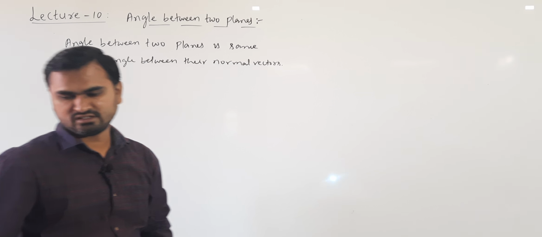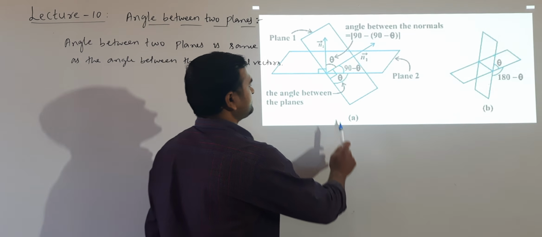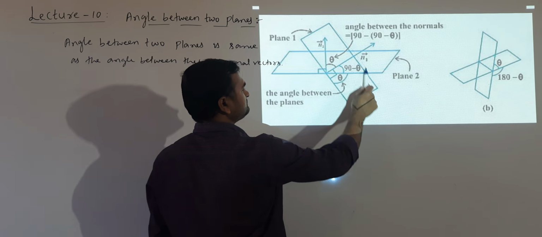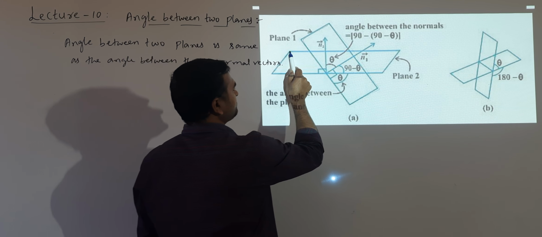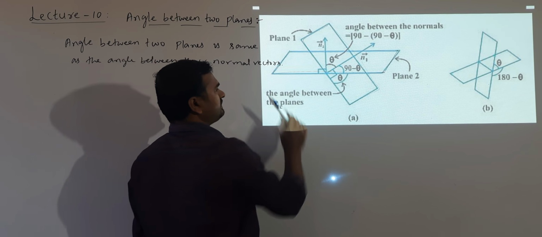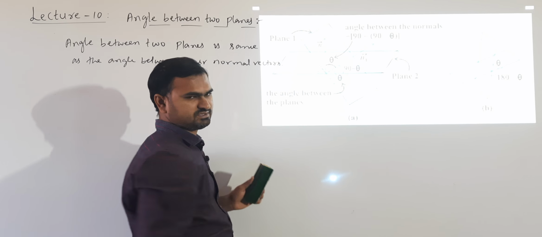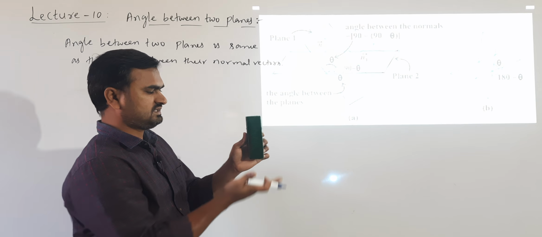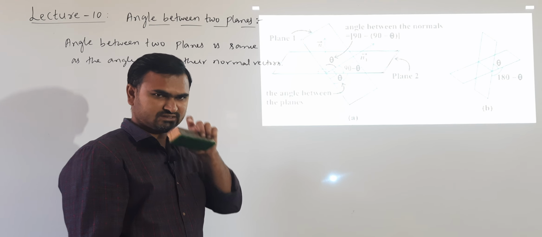Let us see this diagrammatically. These are the two planes we are considering. This is the first plane and this is the second plane. Now we have to imagine the angle between these two planes, where they intersect.